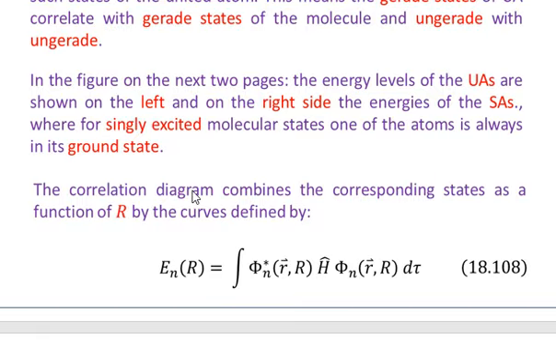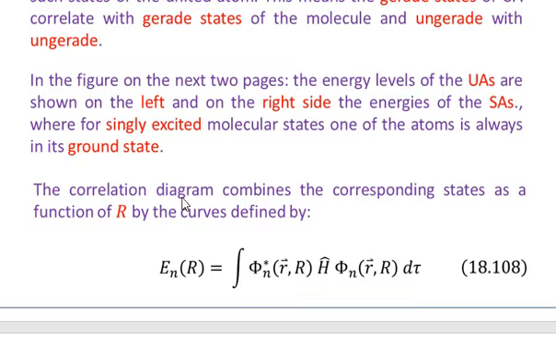The correlation diagram combines the corresponding states as a function of R by the curves defined by E_n(R) equal to the integral of phi_n star of r and R, then the Hamiltonian of the problem, and then phi_n of r and R, and integration is with respect to d tau.